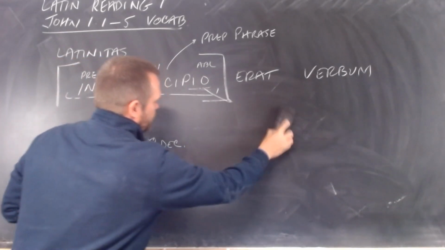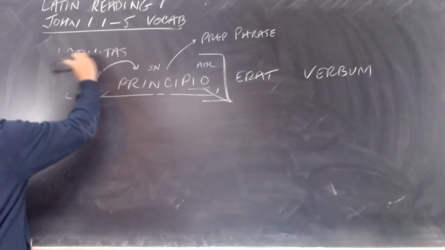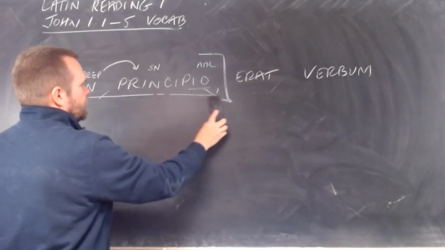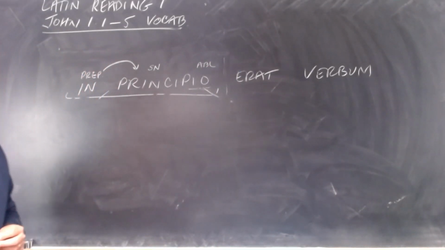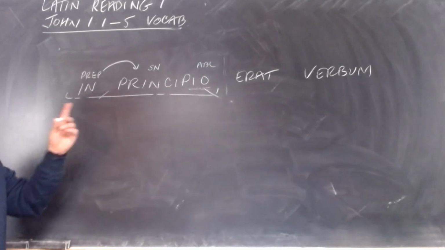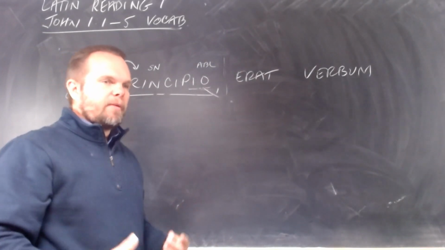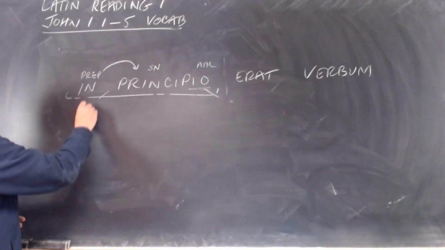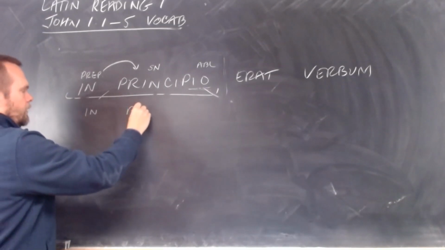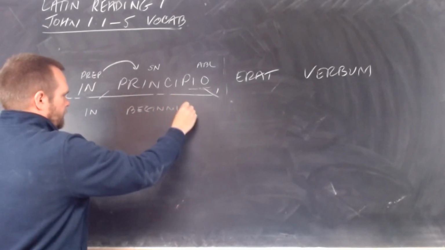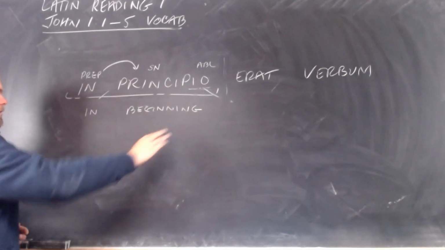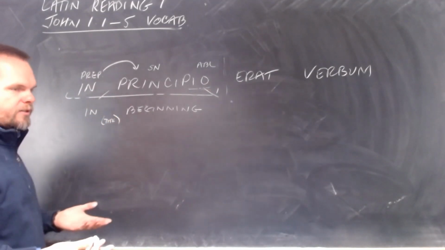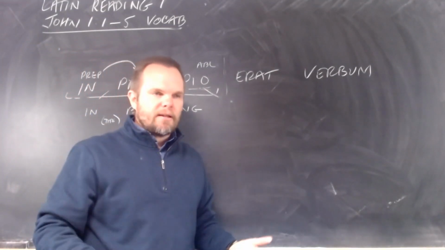So far, we're through 2 words. And you see there's a lot of information packed into that Latin, right? Just 2 words, but there's a lot of grammatical information packed in there that we need to understand to translate it. And so we translate it in the beginning. That's a prepositional phrase. And we add the article the because in English, we don't say beginning, we say the beginning.